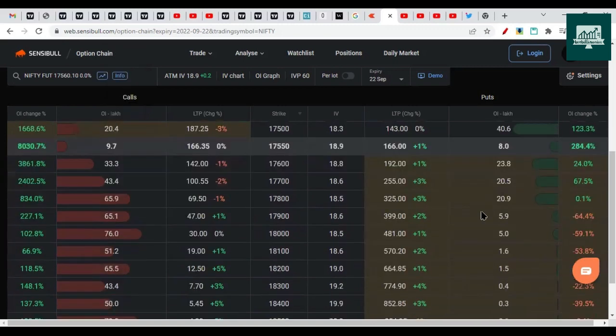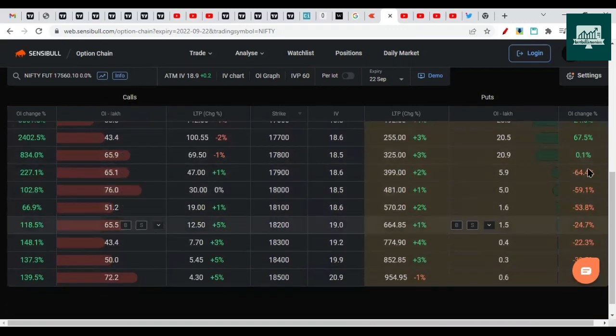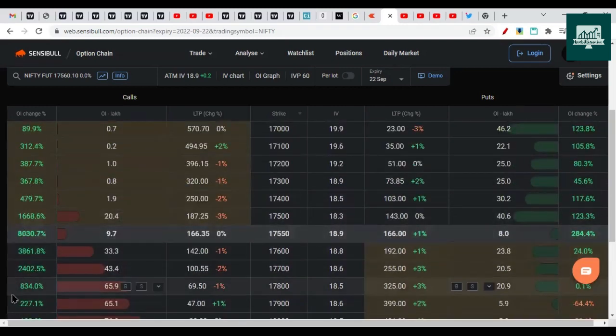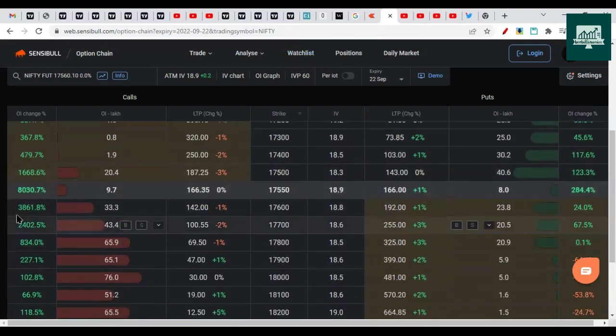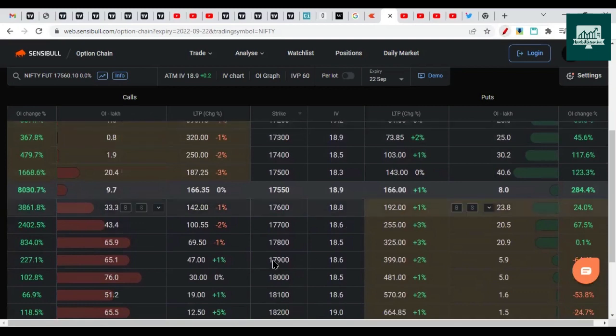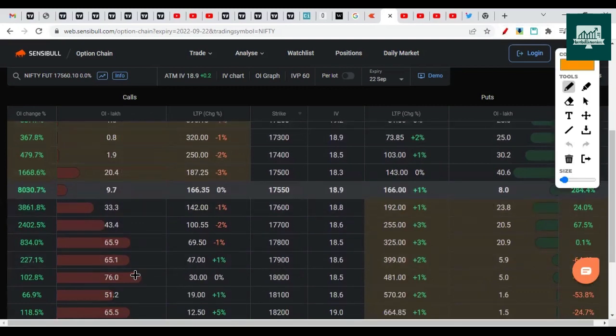And you can see here there was short covering on these strikes, and huge call writers added their positions on all these strikes. So now the major resistance is still at 18,000 with 70 lakh call writers open here. And then the next major resistance is 17,800 and 900.